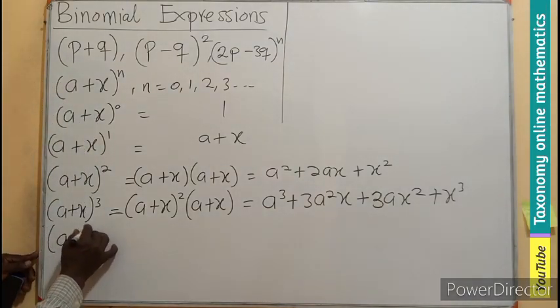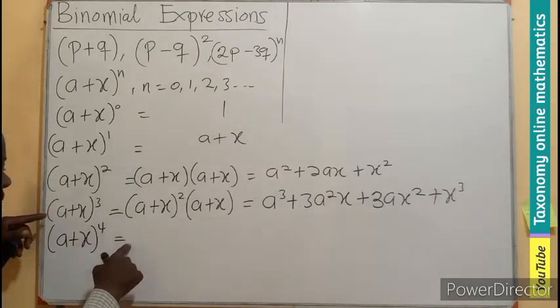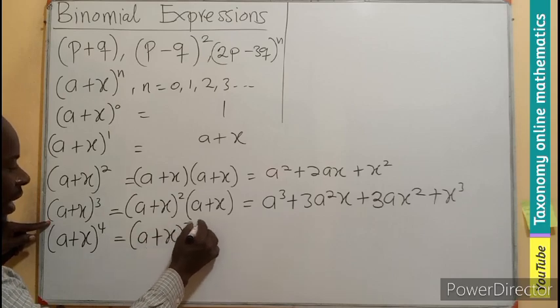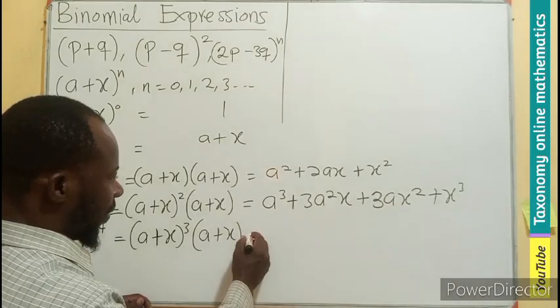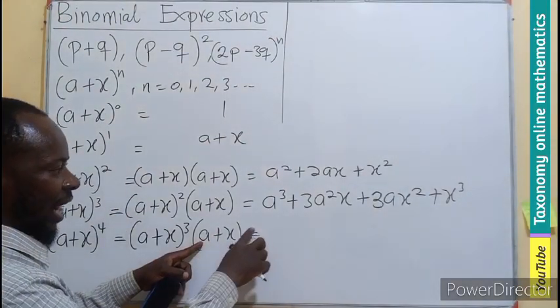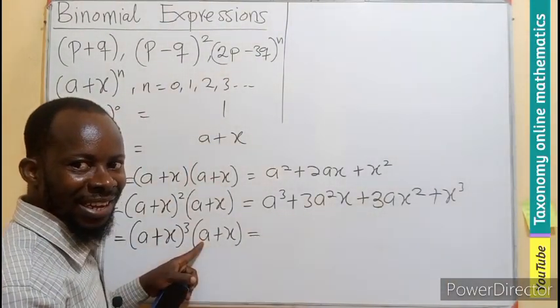In this case, we have 4, which also means a plus x exponent 3 times a plus x. So now let's see how we are going to multiply that. Don't forget this a plus x is doing the multiplication throughout. So let's expand it in that step.